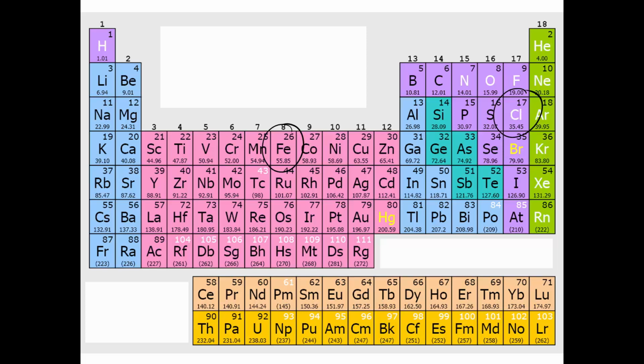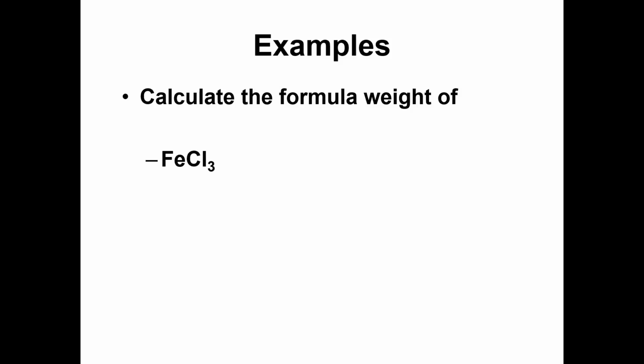This is where the numbers come from, and you should be able to find that. Okay, so in this formula we have 1 iron and 3 chlorine atoms, right? The little 3 applies to that chlorine only.